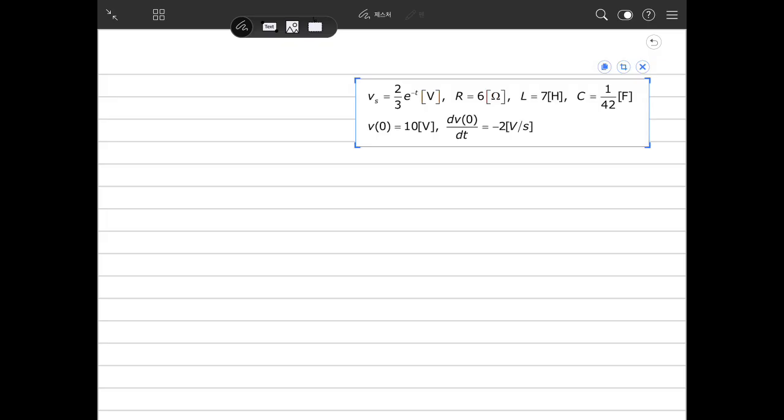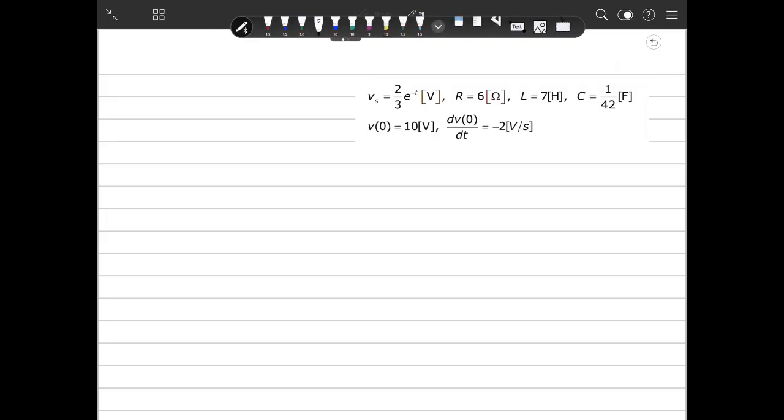And the circuit is very simple. There are Vs and R and L and capacitor here. So this is C and L and R. We define this voltage V and this current I.